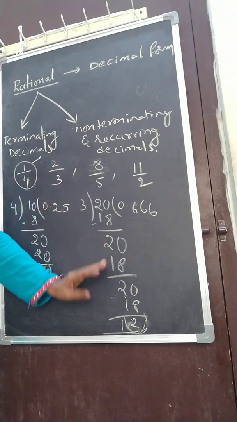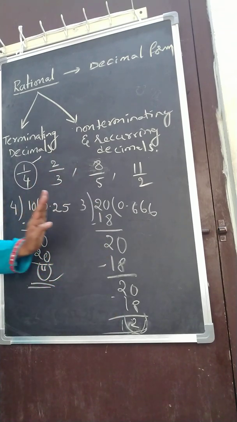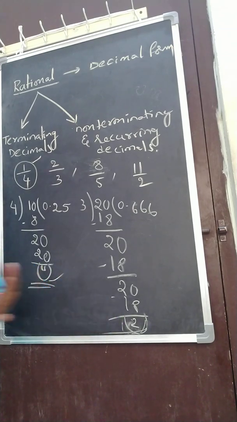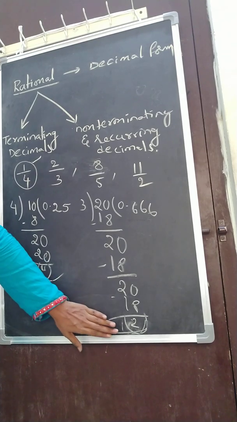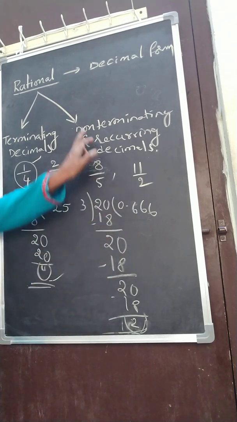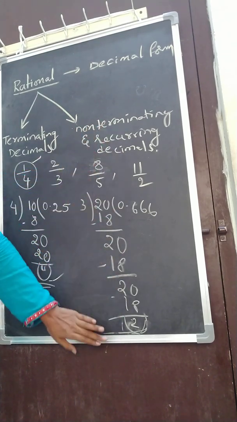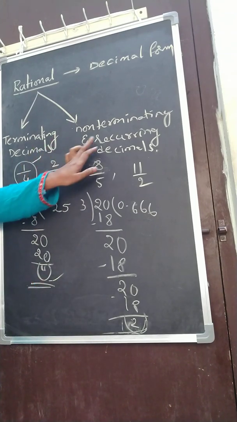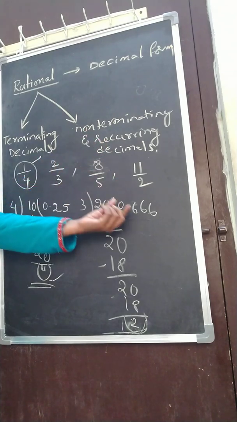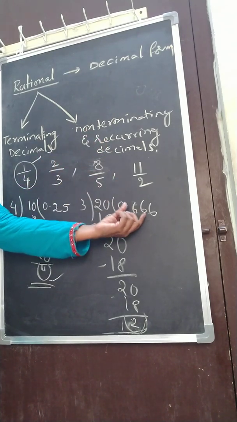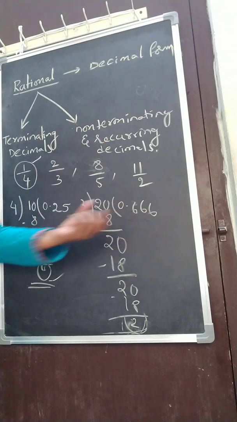Non-terminating means no end. The division does not end, the remainder will never be 0. And recurring means continuation: the quotient repeats the same number continuously.